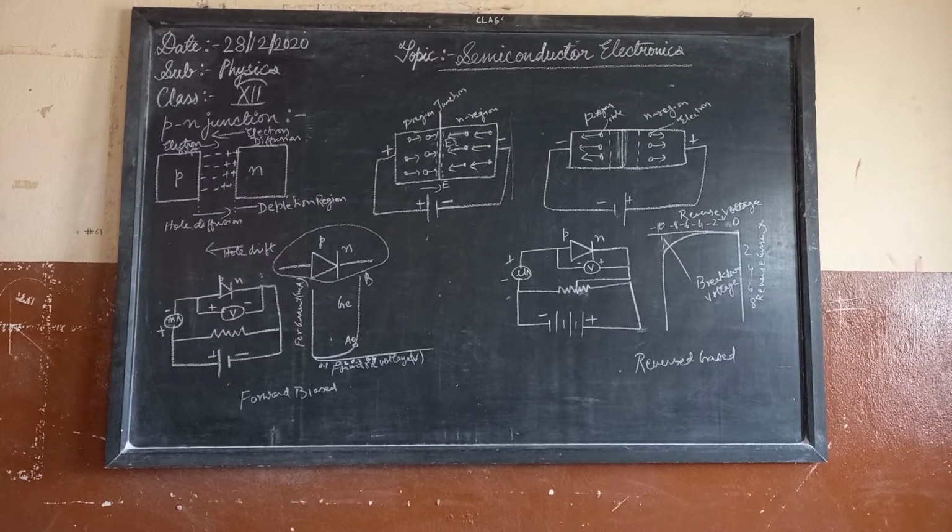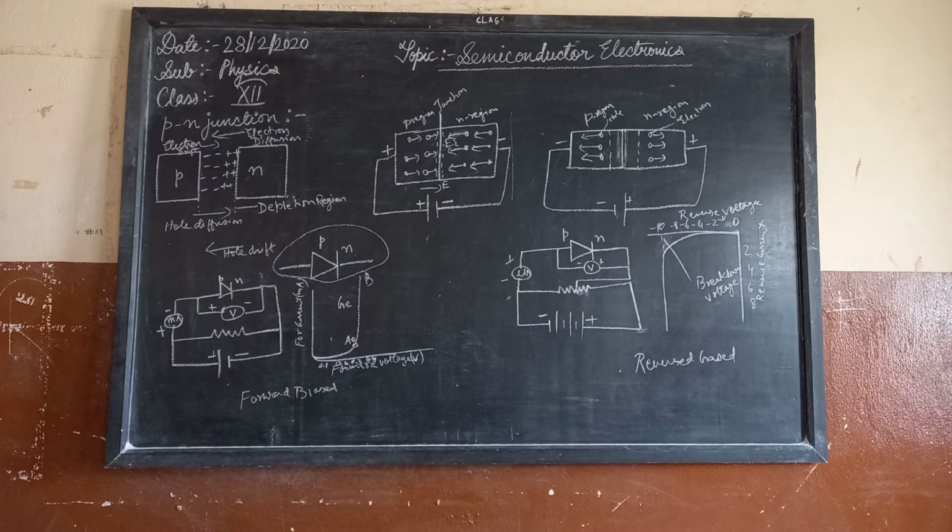The diffusing charge carriers combine with their counterparts in the immediate vicinity of the junction and neutralize each other. Thus, near the junction, positive charge is built up on the n side and negative charge is built up on the p side.